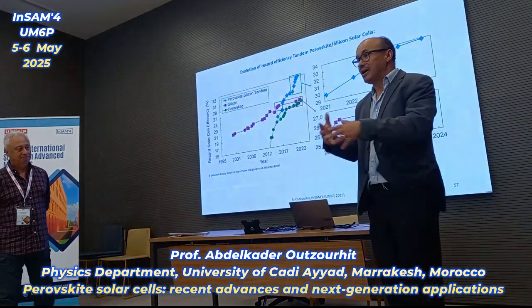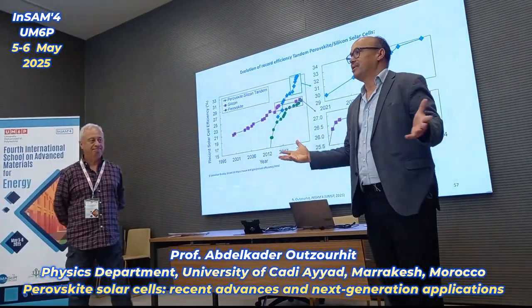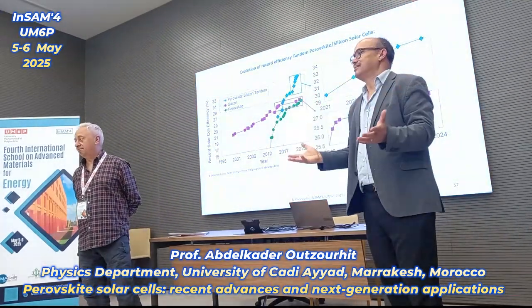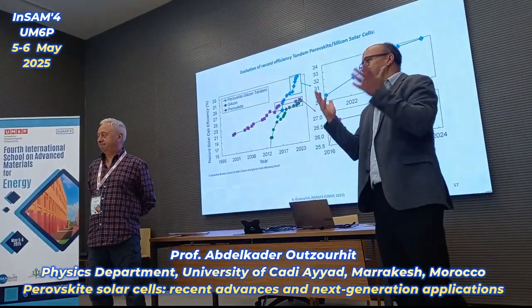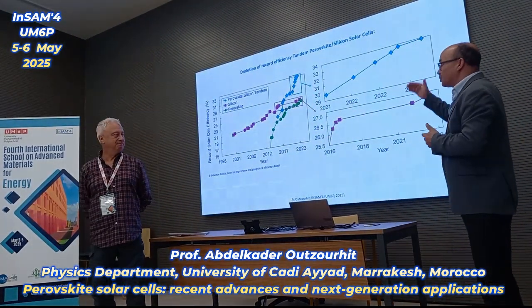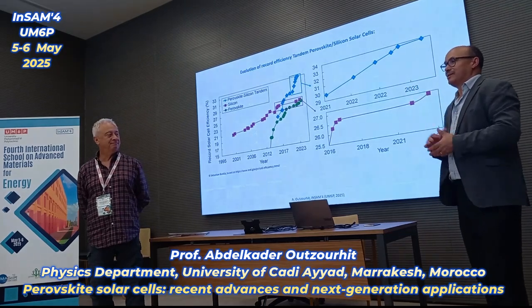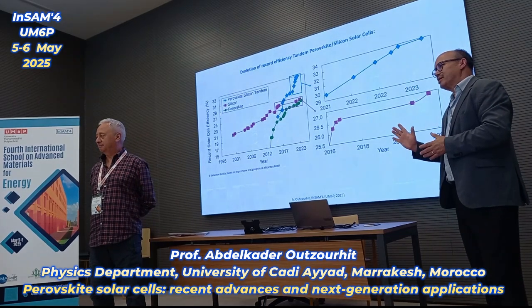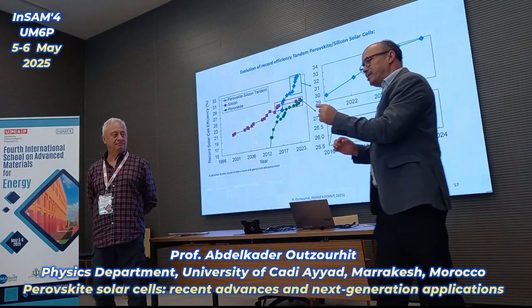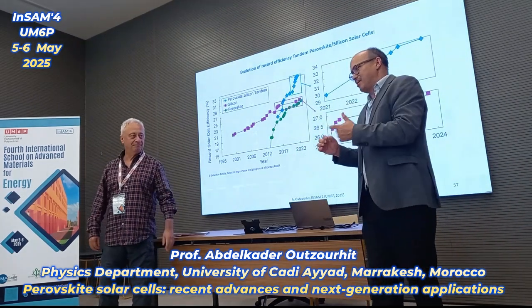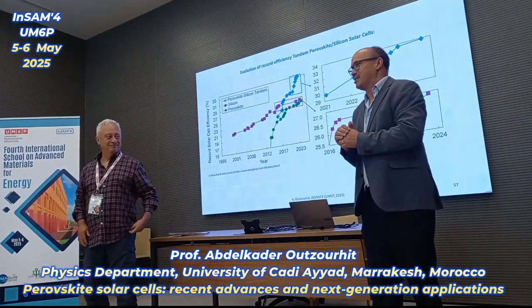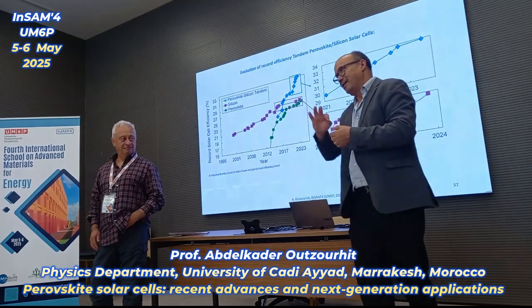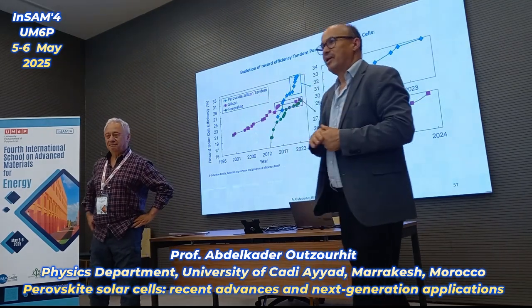Evidently, if you go to large areas, you get lower efficiencies because of other defects, and if you go to panels, you have a lower efficiency in fact. But it's 1 square centimeter. For us, it's even less than that. In our lab, we don't make 1 square centimeter, but 1 point something.